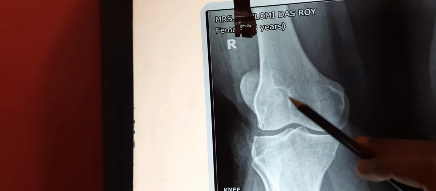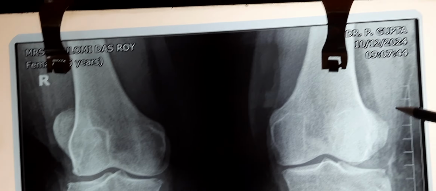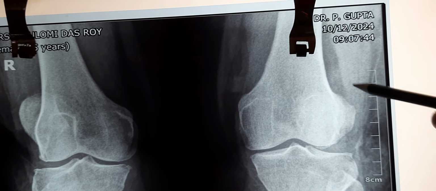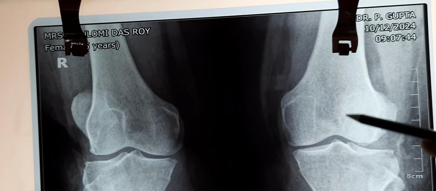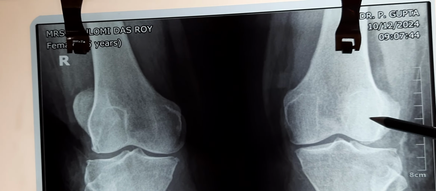If you compare the right side leg with the left side leg, where we cannot see any shadow over here, and we can see the hyperintense patella over here, that denotes the patella did not shift in the left leg, but the patella is a bit shifted on the right side, and that is what lateral patellar maltracking is.